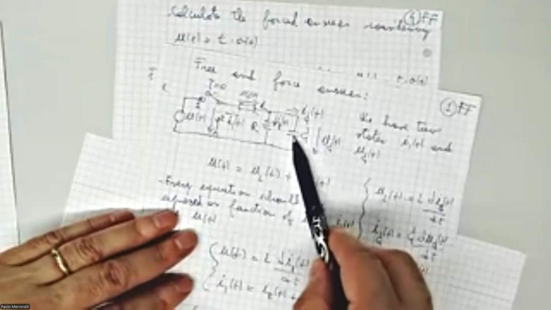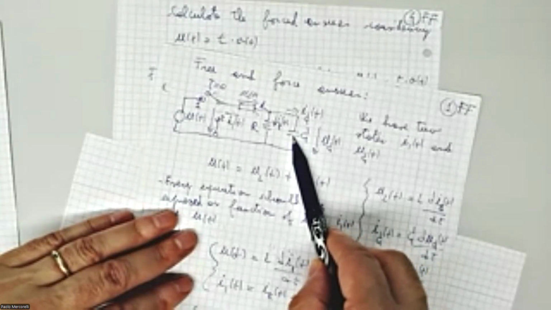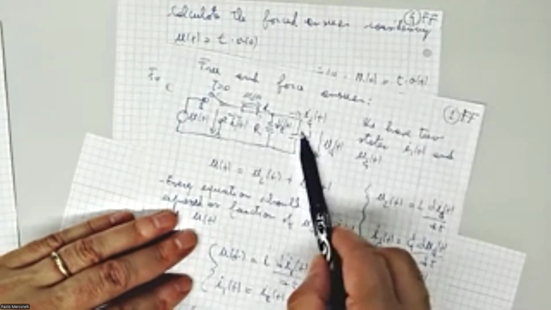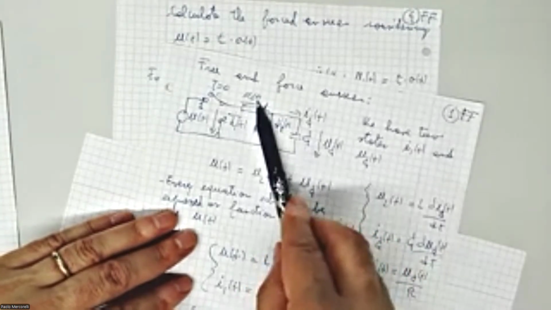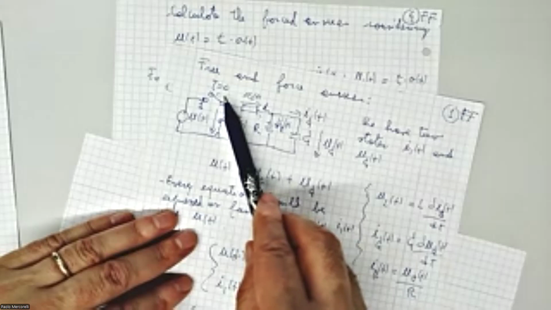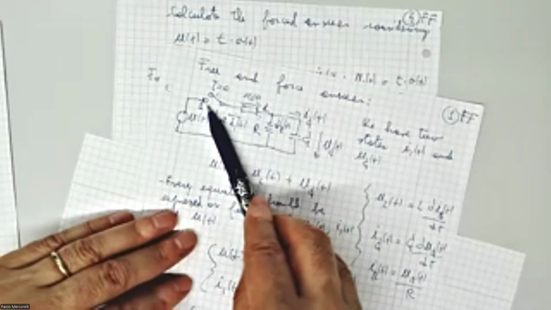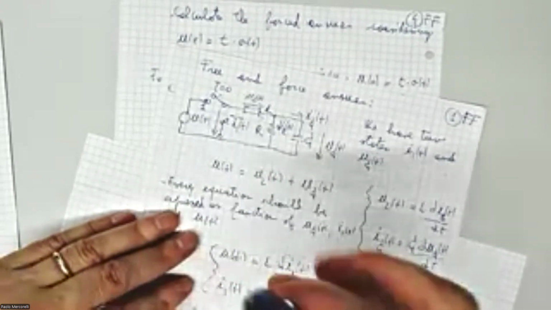I don't consider the initial condition on the capacitor, the energy, the voltage which I have, also the same for the inductance. And at time 0, I switch. I start feeding the circuit. This is physically quite clear.